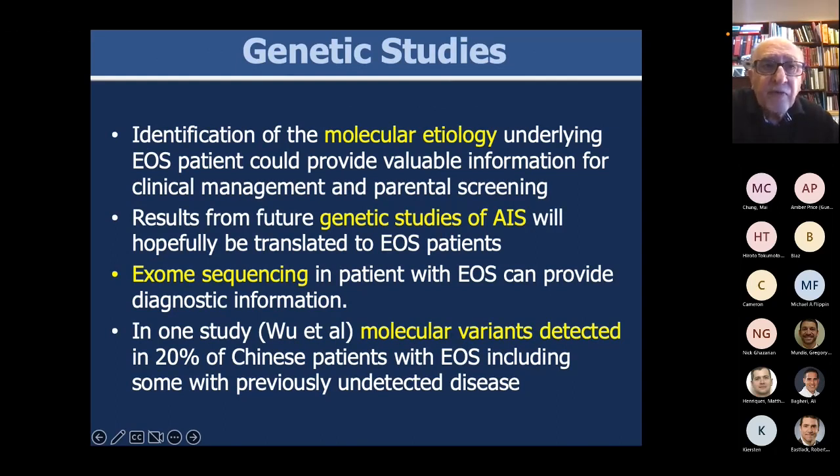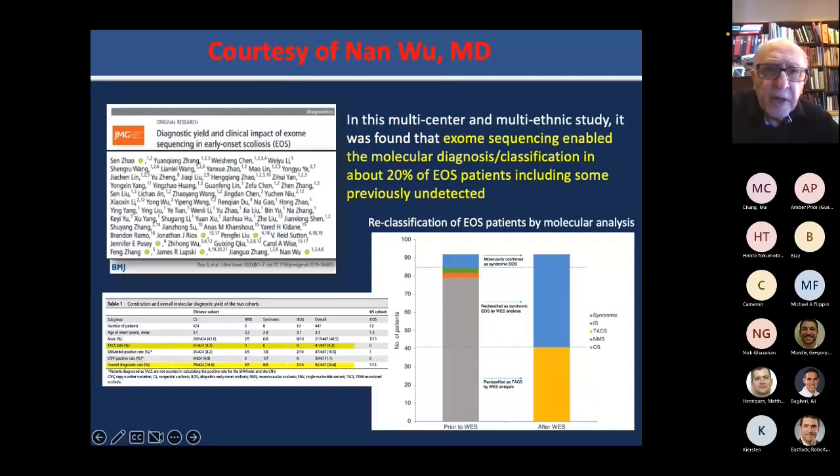Genetic studies, therefore, have been slow a little bit in EOS, a little bit more in AIS. I think identification of molecular etiology is very important, and the studies of AIS could help the EOS. And Nan Wu, who's one of the surgeons now in Beijing in China, has really done probably the only two studies that are done in EOS.